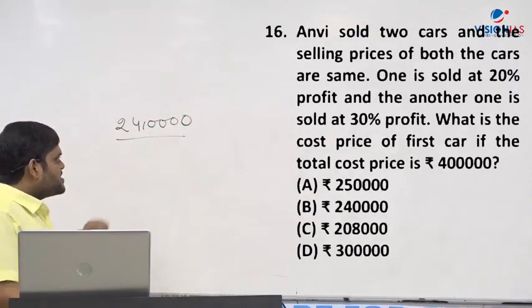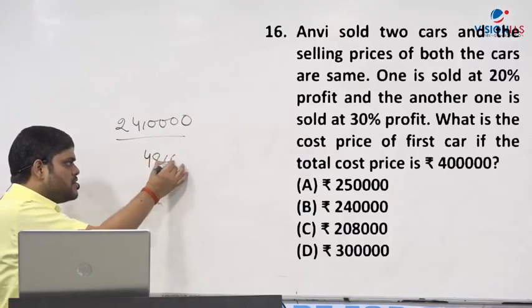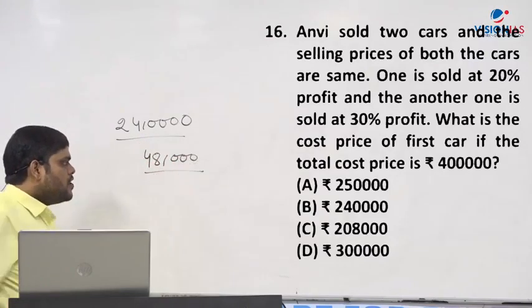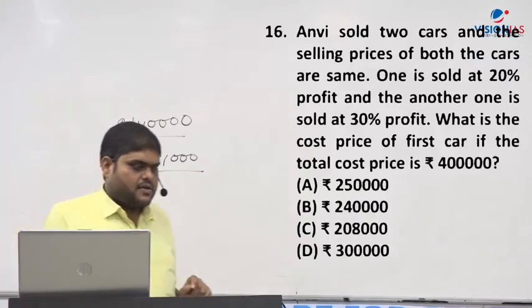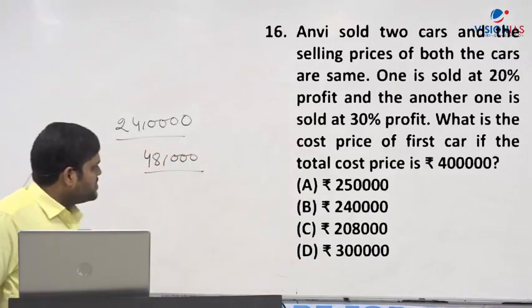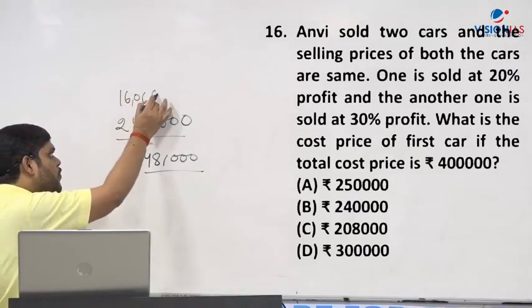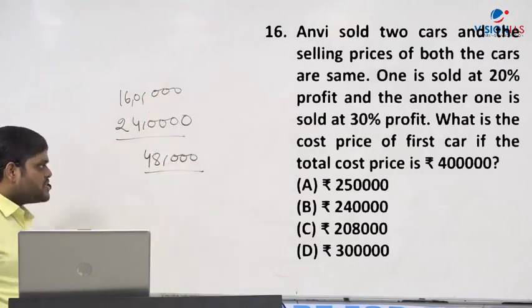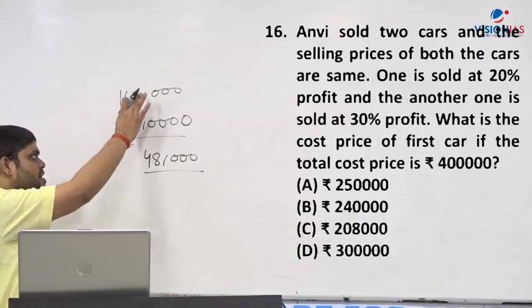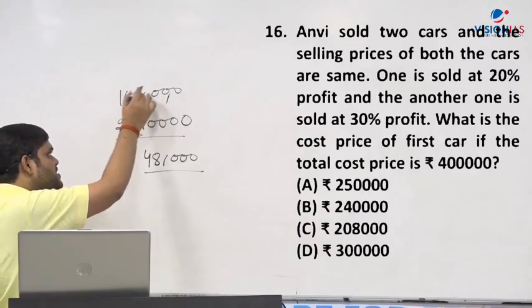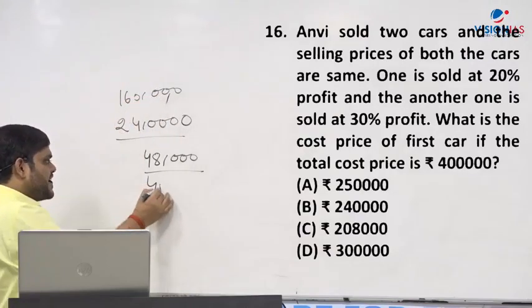Now 20% of this becomes 48,000. And how much is left? If this is this much, the other one will be 1,60,000. And what is 30% of this? 30% of this becomes 48,000.